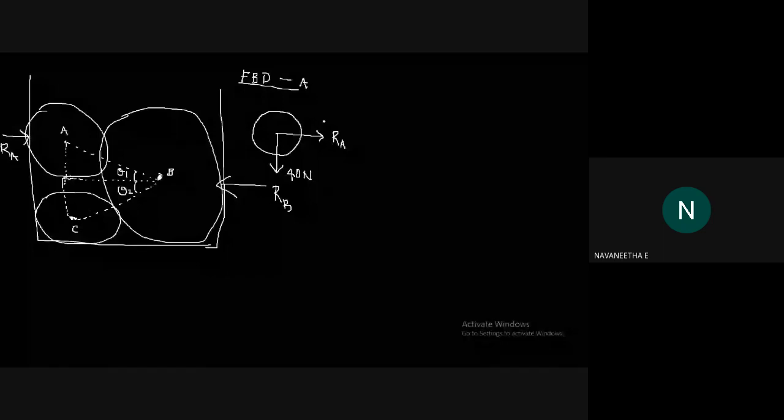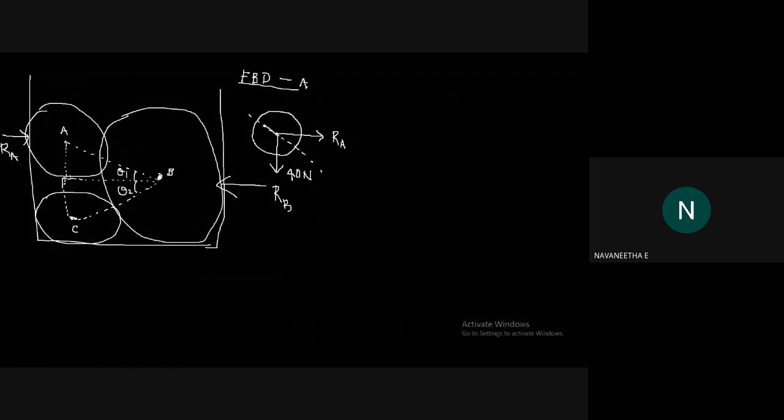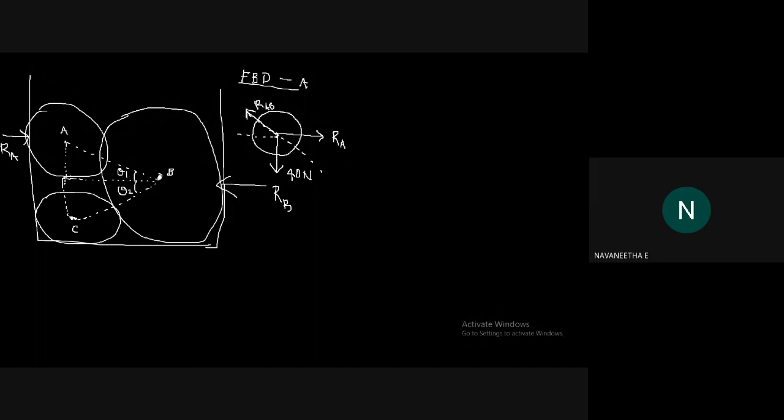Then also there is a reaction force RAB. RAB is the reaction force of B acting towards A. This is the line of action of RAB, so you can draw the force like this. What is the angle between the line of action of RAB and the x-axis?